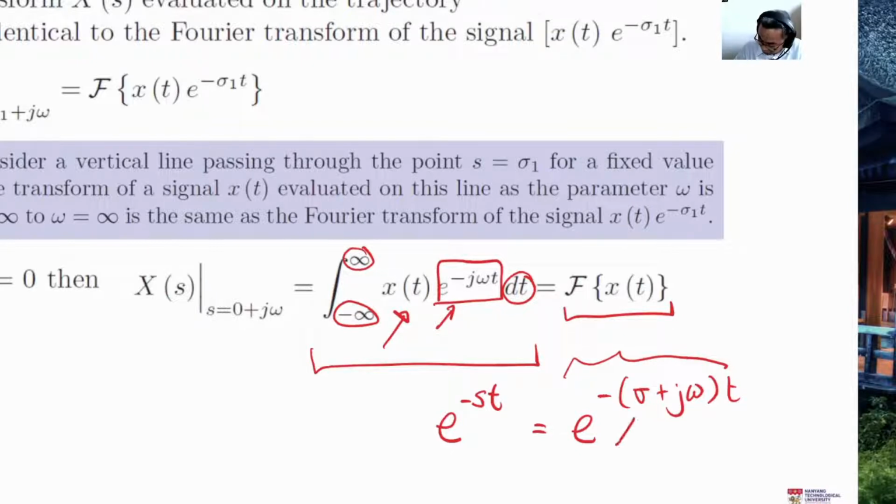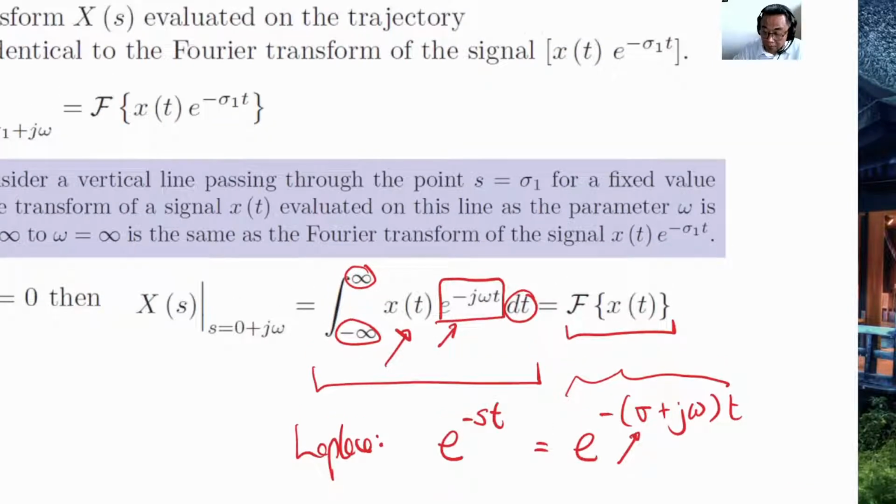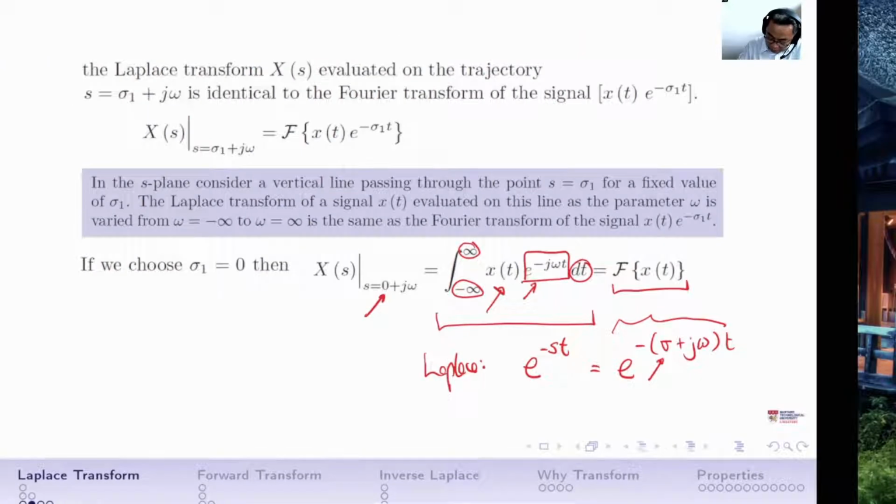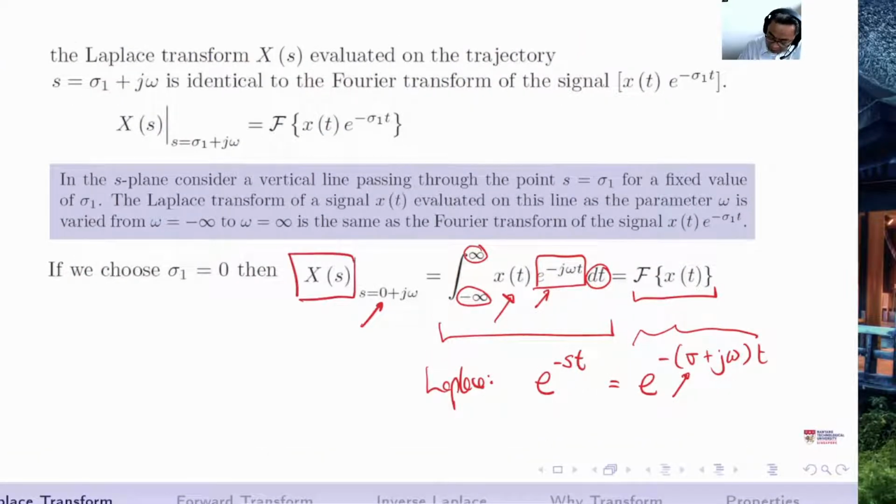The only additional thing we have is the sigma over here in the Laplace transform. If we set sigma equal to 0, then the Laplace transform is equal to the Fourier transform. This is what the slide is trying to say. So this is one way we can think about it.